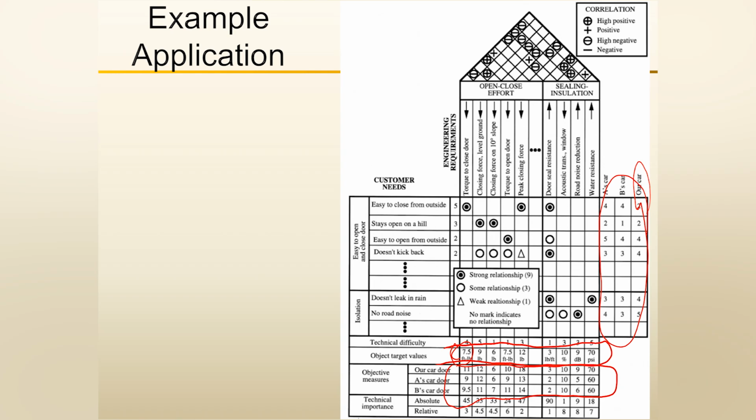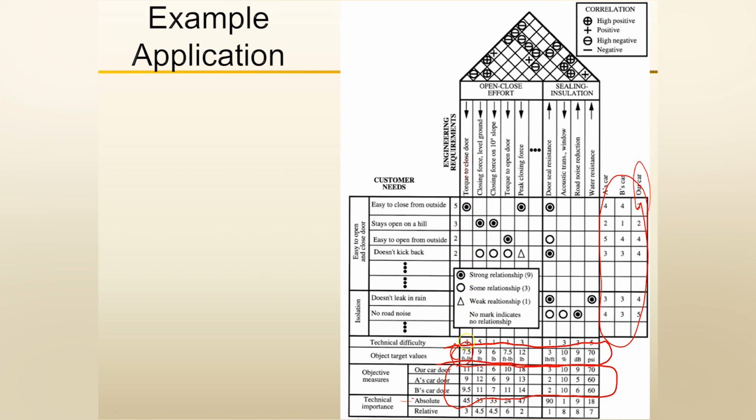So that's technical difficulty. The last piece, technical importance, this is the only thing that's automatic about the house of quality. And so the absolute technical importance is based on, this is where we use the weights for the relationships. It's based on multiplying, for a given parameter, the weight of the customer need times the weight of the relationship, and summing those up in a column.